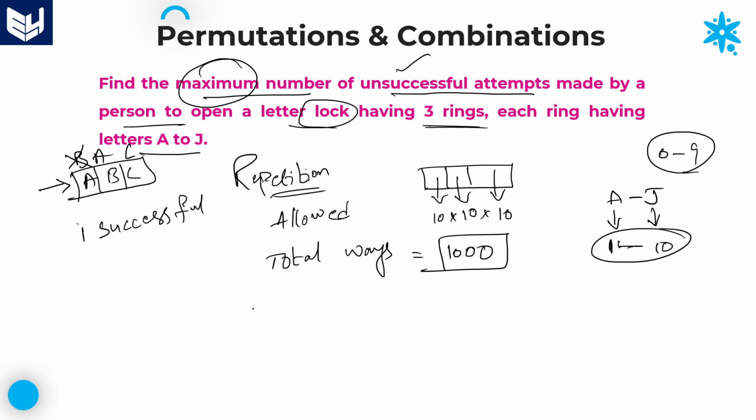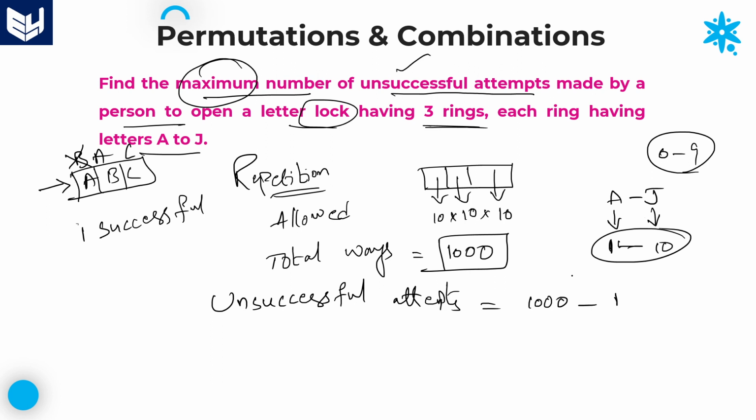As we know, the total number of ways is 1000. If you want the maximum unsuccessful attempts, it is equal to total ways minus successful attempts.